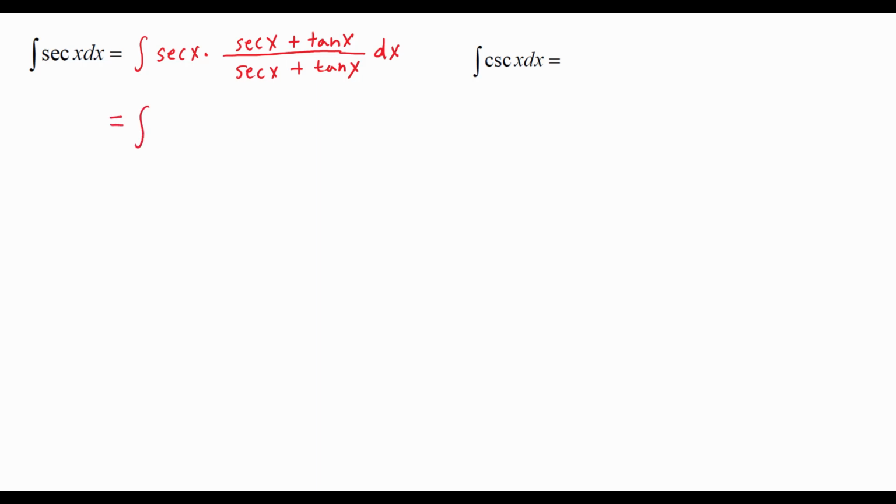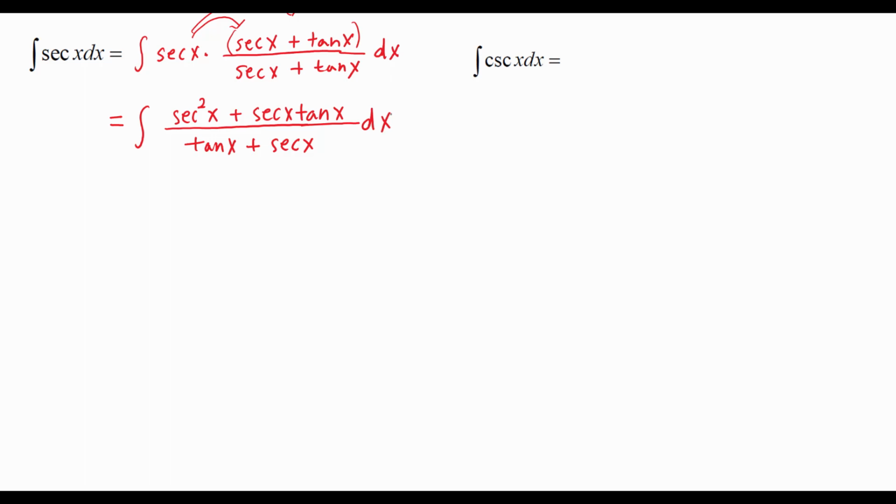All right? Since secant x is secant x over 1, you need to distribute it. So you get secant square x plus secant x tangent x over, now I'm going to rewrite secant x plus tangent x as tangent x plus secant x, dx.